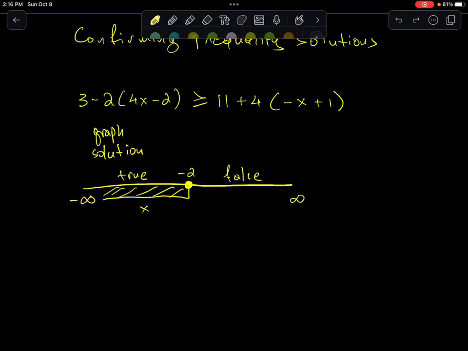Okay, now which number should I choose? Usually I choose the simplest number. The simplest number in this area is probably -3, which is somewhere here, and the simplest number from that area is probably 0. So there are many other options.